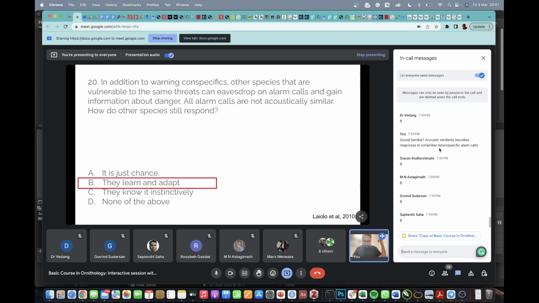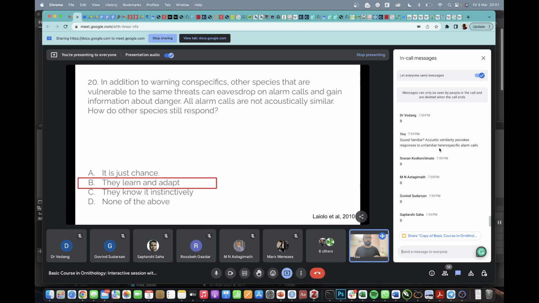The paper also talks about a lot of other species, especially macaque and langur species, where the adults are able to decipher that a call is an alarm call much better than a juvenile, which might still be learning about what these calls mean.